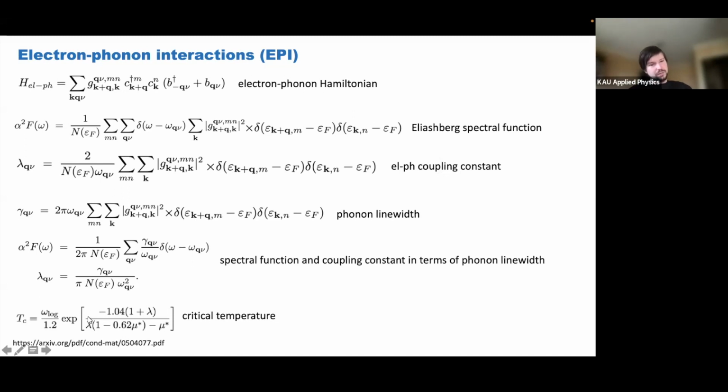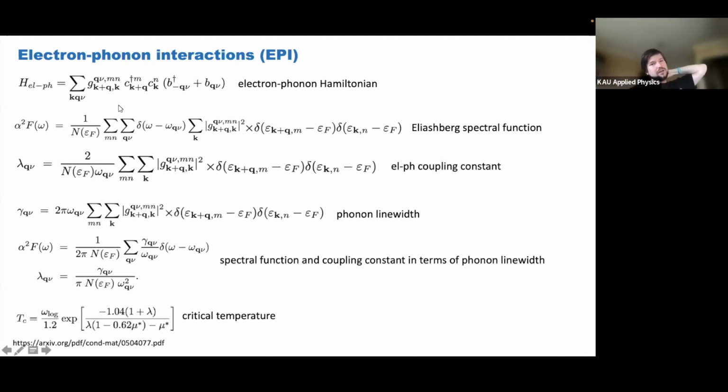And for this critical temperature, we had to get lambda, this electron-phonon constant. We had to have omega, and it is connected to our spectral function. So this omega is calculated from the spectral function. But at the base of all this, we have this electron-phonon matrix.